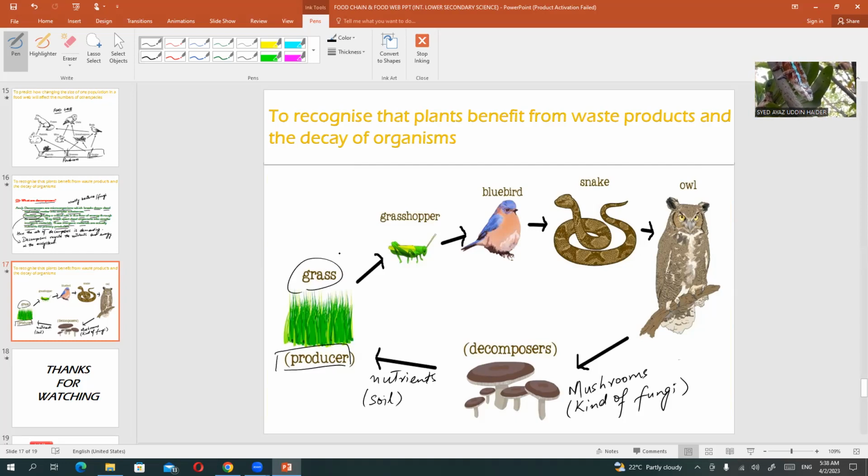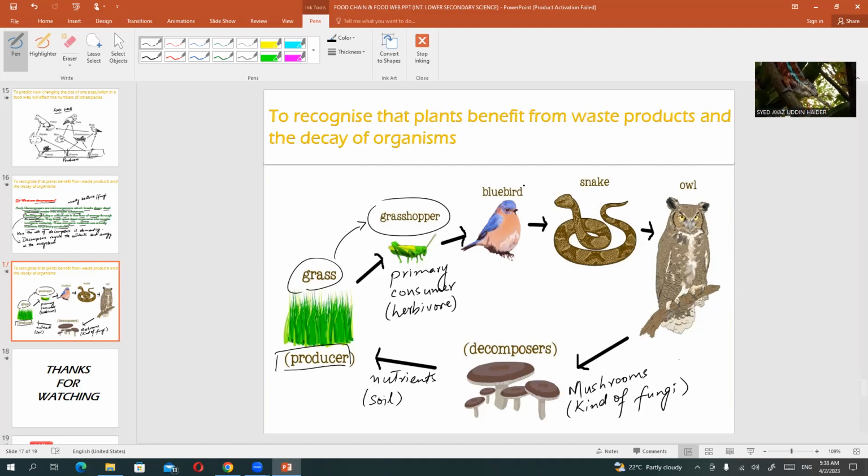grass, which is eaten by the grasshopper, the primary consumer. This is the primary consumer, also a herbivore. And this grasshopper is eaten by the secondary consumer, which is the bluebird.